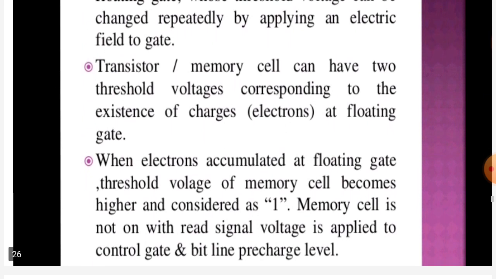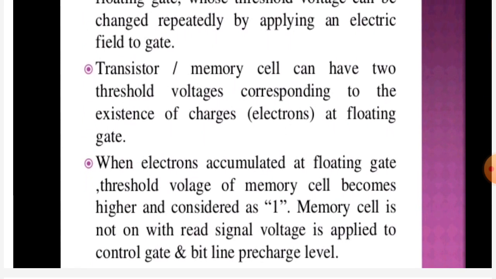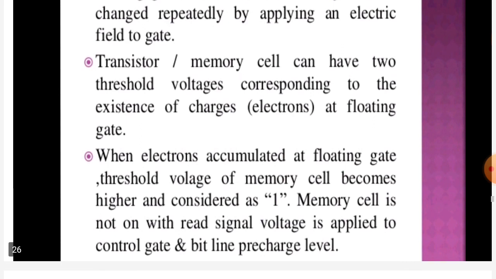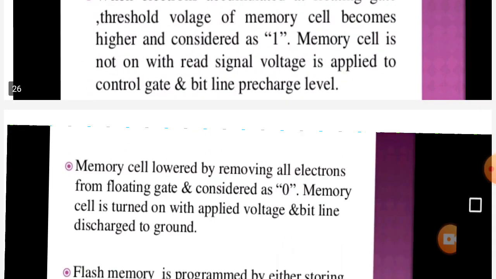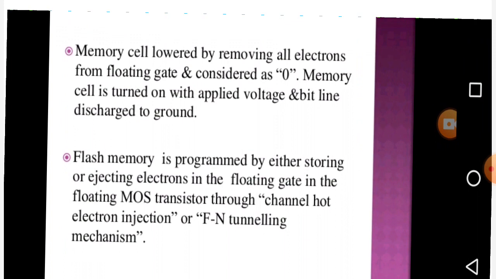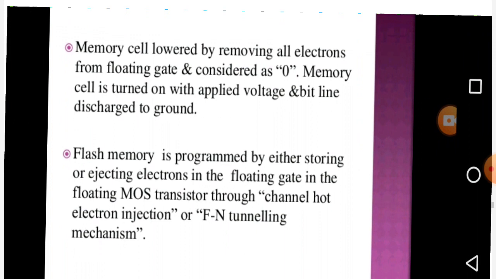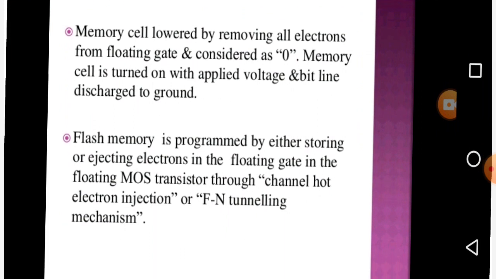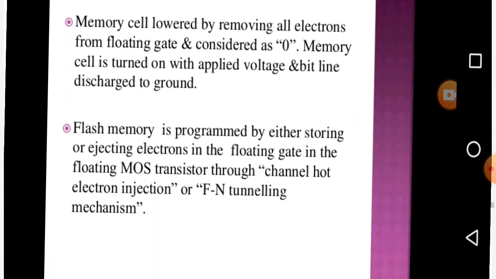The memory cell is not on with read signal voltages applied to the control gate and the bit line stays precharged. The memory cell is lowered by moving all electrons from the floating gate and is considered as 0. The memory cell is turned on with applied voltage and the bit line is discharged to ground.